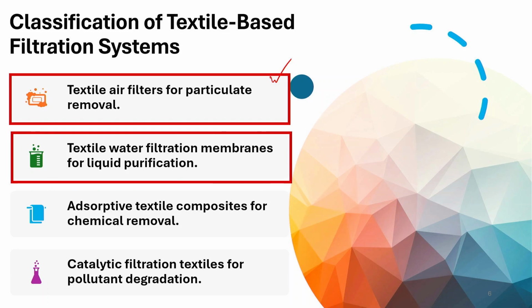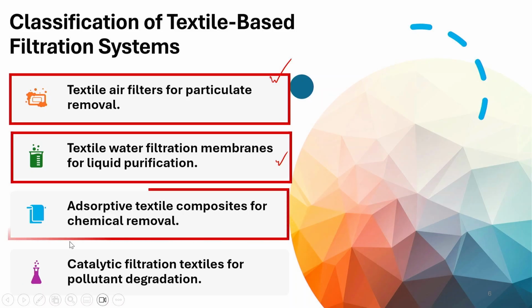For water filtration we can use some type of textile membrane, or textile along with some membrane, for liquid purification. And we can also use a textile composite along with some chemical, so it adsorbs, a textile composite for chemical removal. For any chemical spilling we can use this by adsorption, and catalytic filtration textile for pollutant degradation.